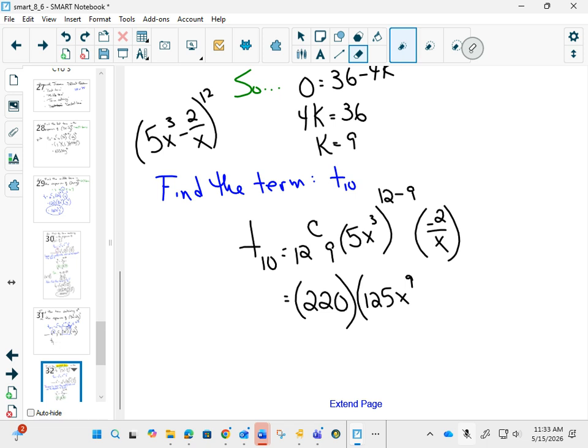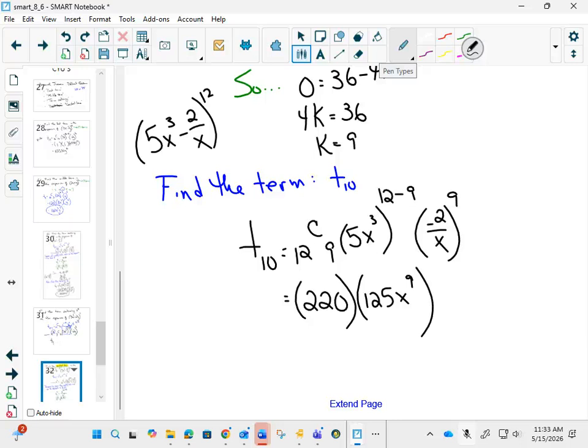K was 9. And I wrote a 3. What do you think I was doing in my head? Oh, I looked at 12 minus 9 and I was like, ooh, I can do that mental math. And then I accidentally wrote the 3. Math does that to your brain. If you start thinking about the next thing too soon, it's going to throw wrong numbers at you.